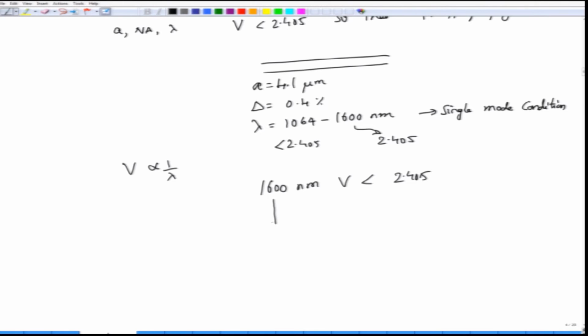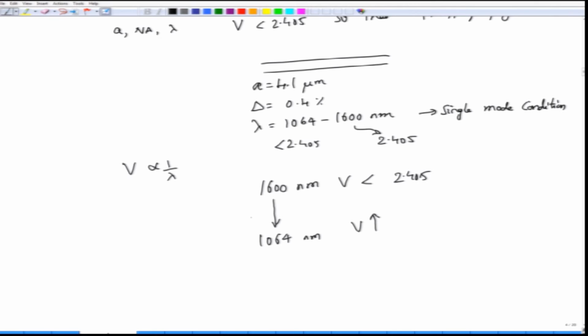Now as you start decreasing the wavelength and reach say 1064 nanometer, what you would see is that V number has actually risen because all the other parameters are constant, but your wavelength lambda has decreased. Since lambda has decreased, V number has gone up.